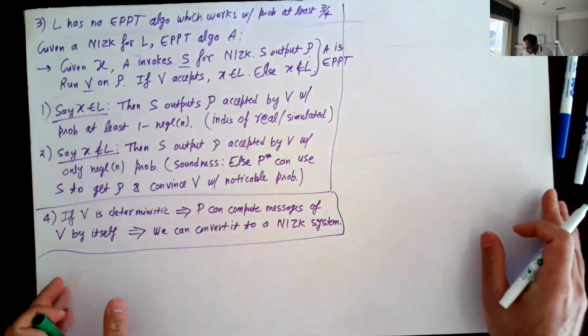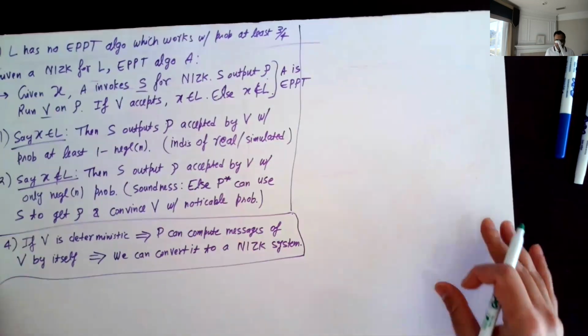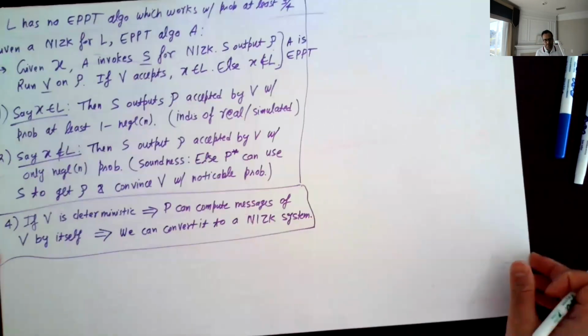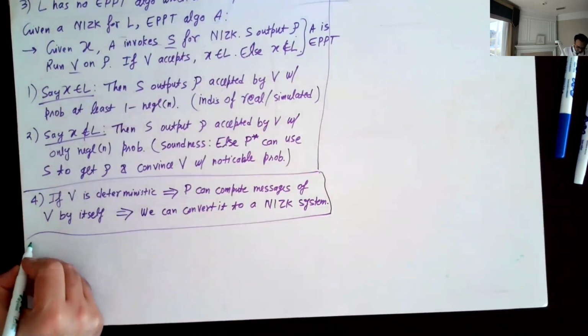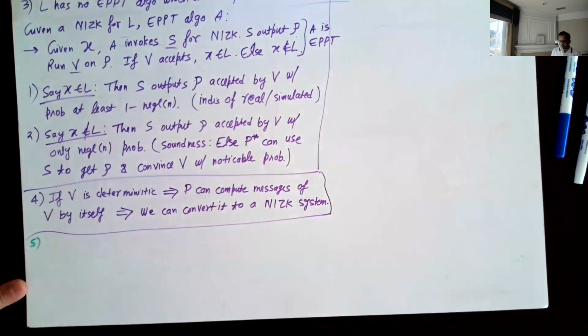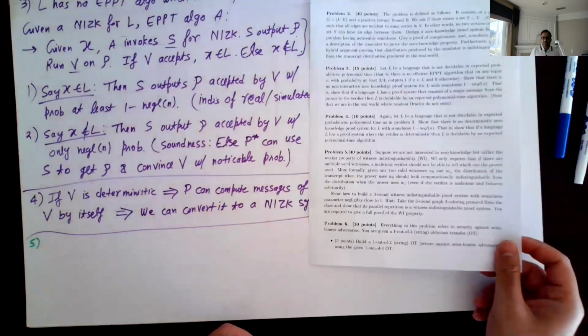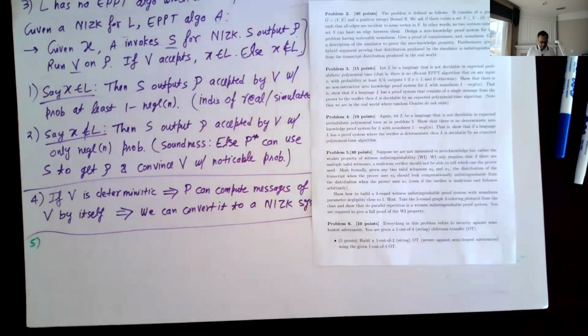So let's move on to problem 5. Problem 5 introduced the notion of witness indistinguishability, which is a very popular notion which is used in cryptography.